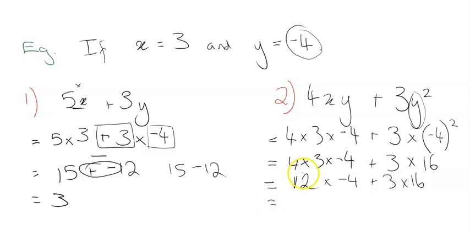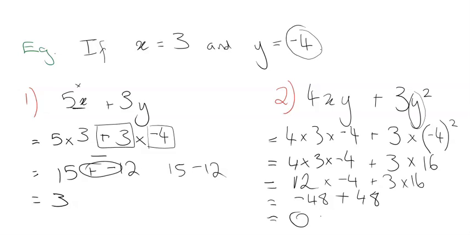Okay, 12 multiplied by -4 is -48. Then we have 3 multiplied by 16 is 48. Okay, you've got a -48 plus 48. That's just going to bring us to a nice round 0. Okay, so this answer is actually just 0.